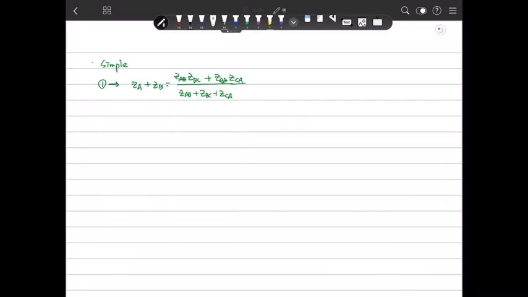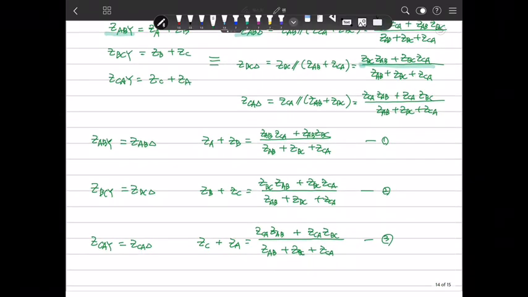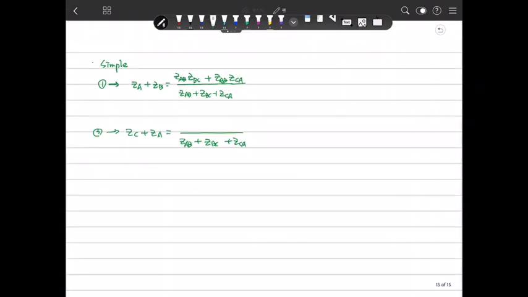Number 3: GC plus GA equals GCA GAB plus GCA GBC over the same denominator.